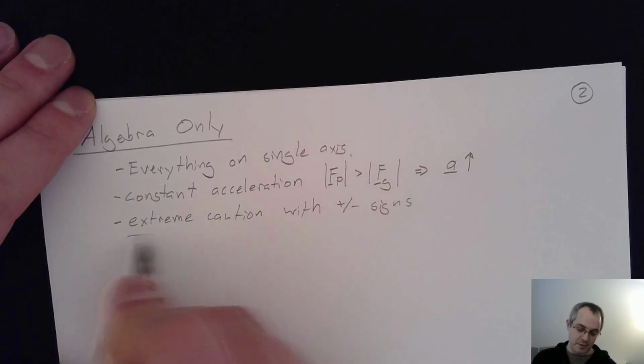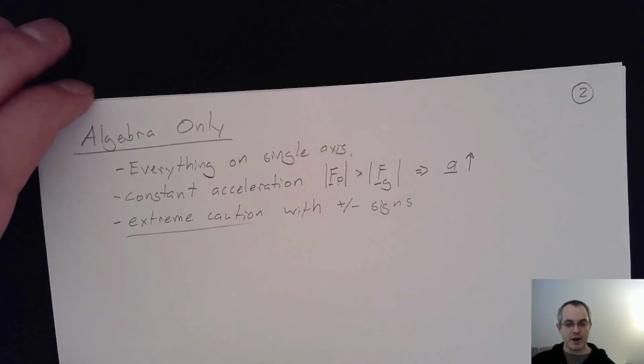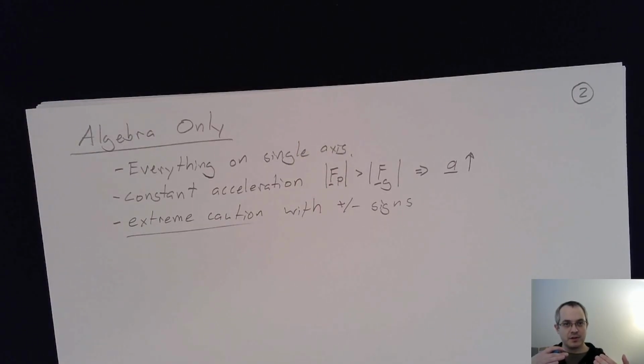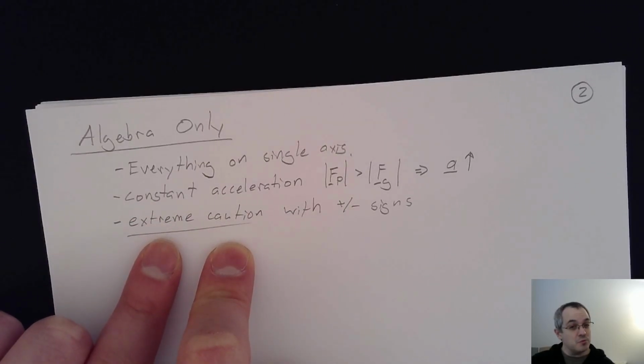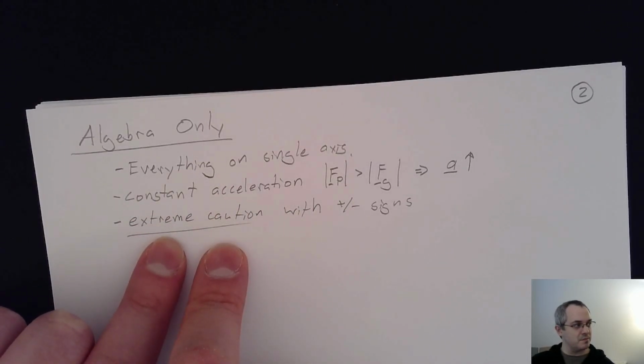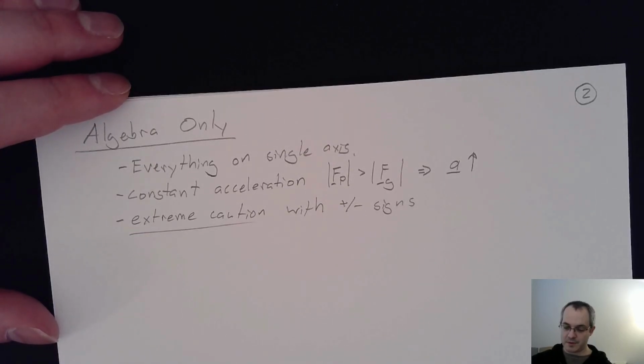It will work out okay for us here, but if you try to have the acceleration go down, it gets a lot more complicated, because then you have to be really careful with the signs. I don't think we'll have to exercise too much extremity in our caution, but we will have to be a little bit mindful of what we're doing.